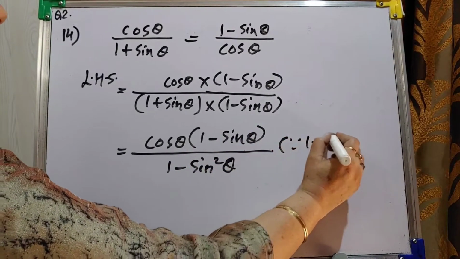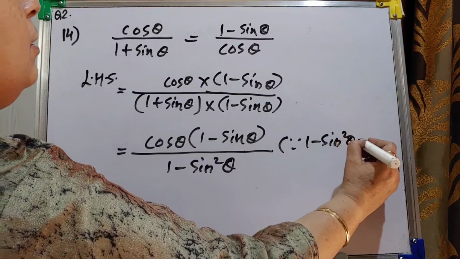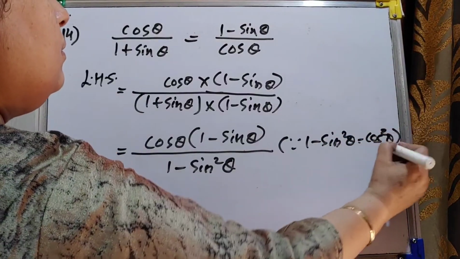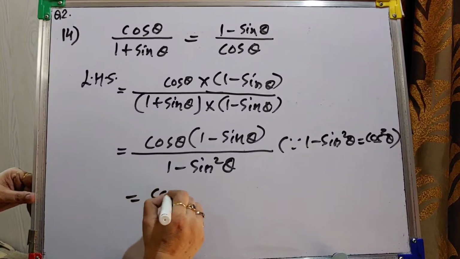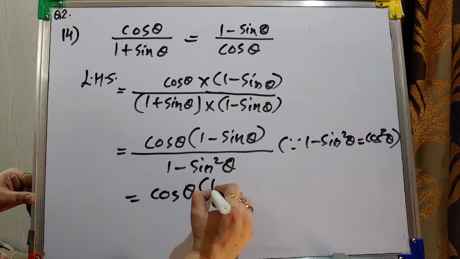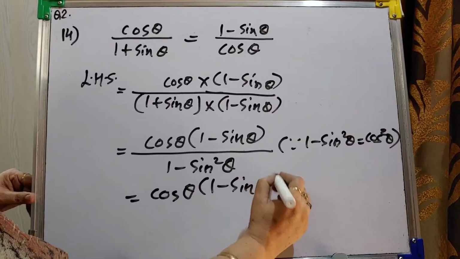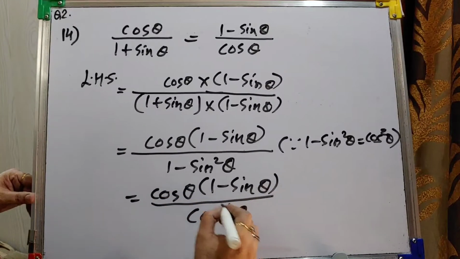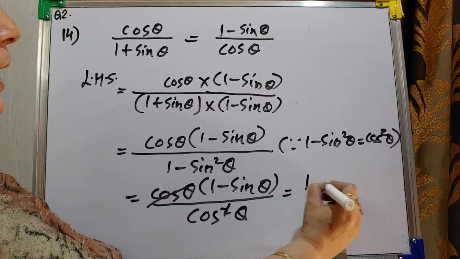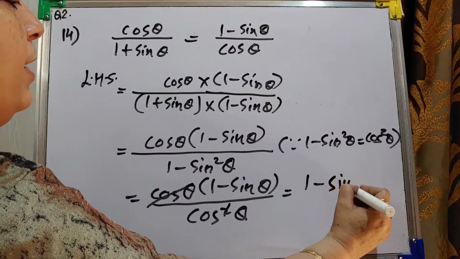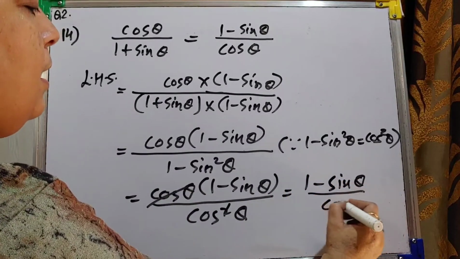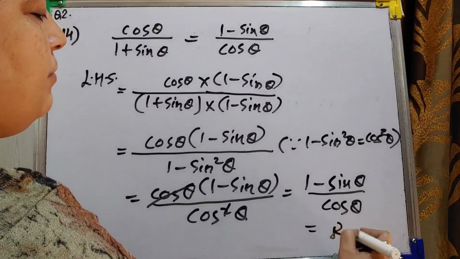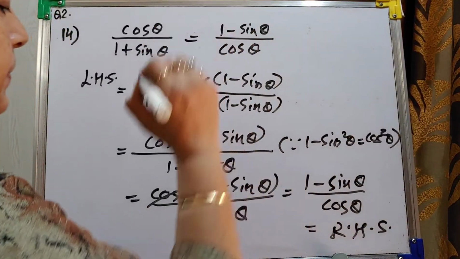You know 1 minus sin square theta is what? cos square theta. So numerator again I am keeping as it is. Instead of 1 minus sin square theta, we will write cos square theta. 1 cos theta will get cancelled. So we will get 1 minus sin theta upon cos theta, which is our right hand side.